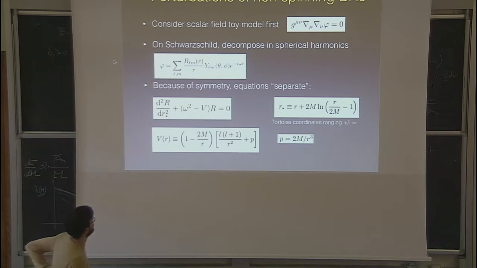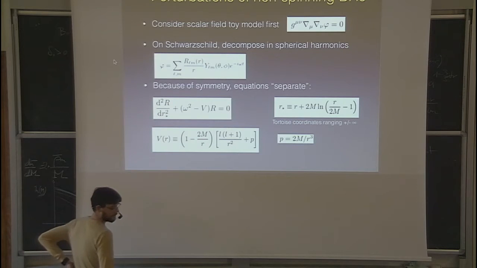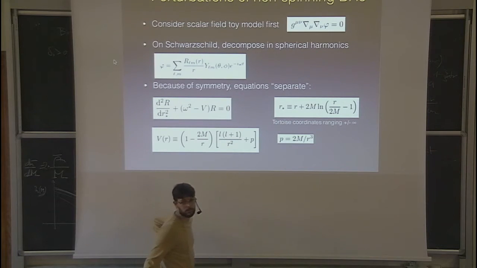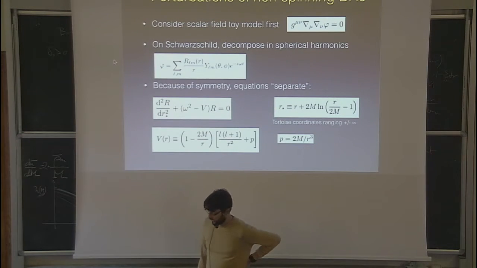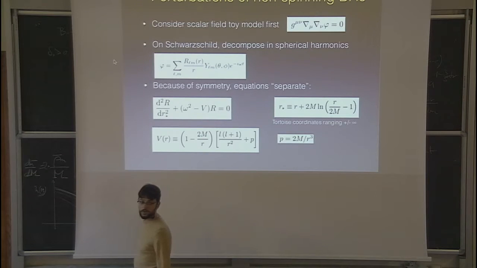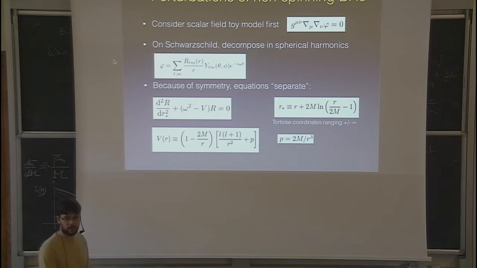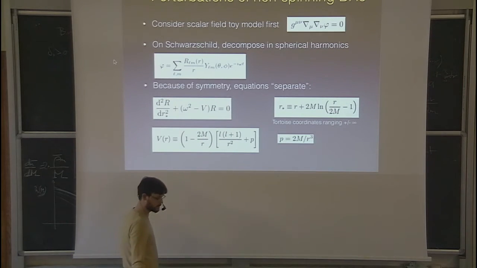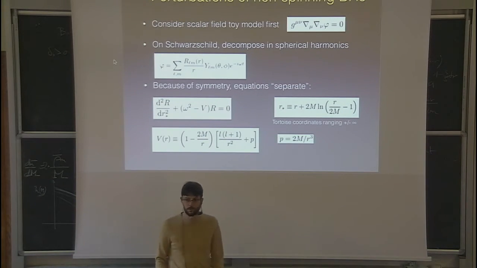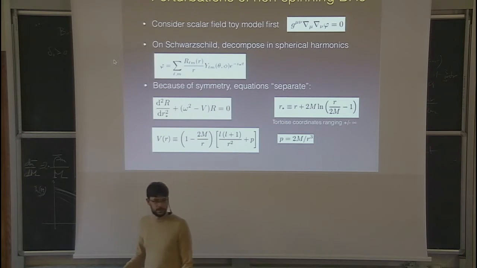We talked about linear theory the first day. Suppose you have a Schwarzschild black hole or a Kerr black hole, and you want to perturb it. So the procedure will be the same as the one we discussed in the beginning of this lecture. You take the metric and you add a perturbation h_{\mu\nu}, which is small.